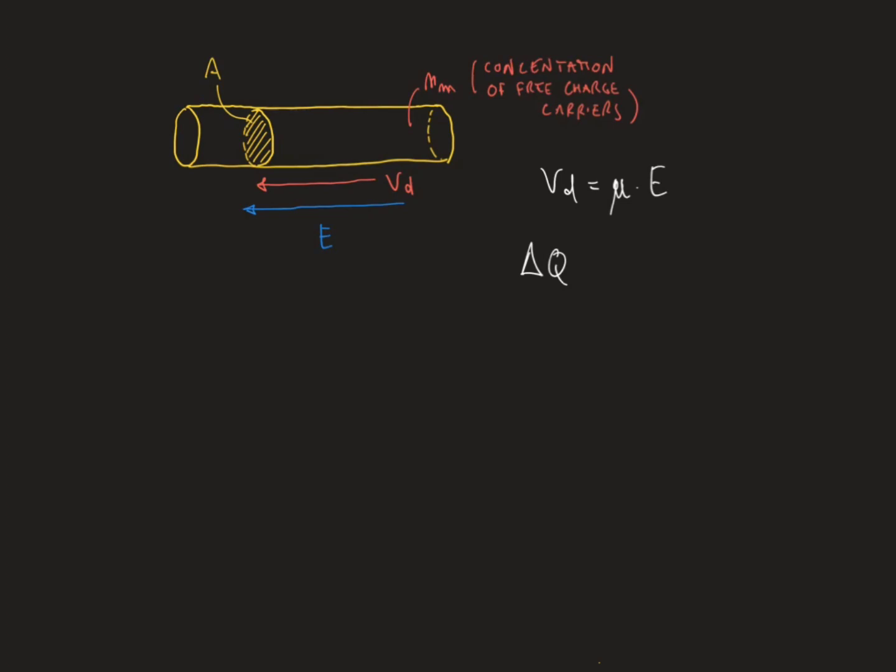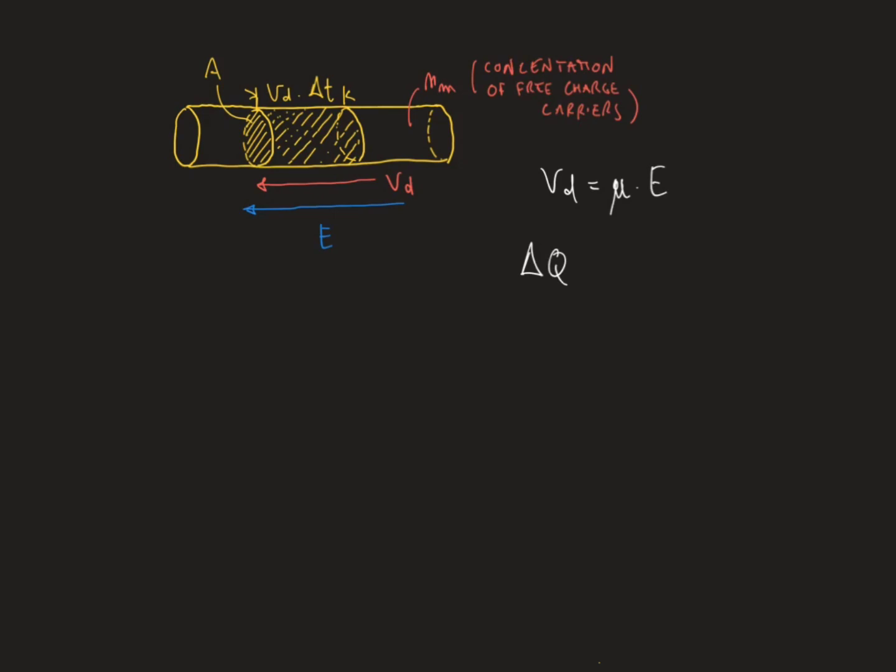passes through the section A in a time delta t. This charge will be all the charge in the small cylinder with base area A and height given by the drift velocity Vd times the time delta t. So delta Q is the charge in the shaded volume in the metal wire.